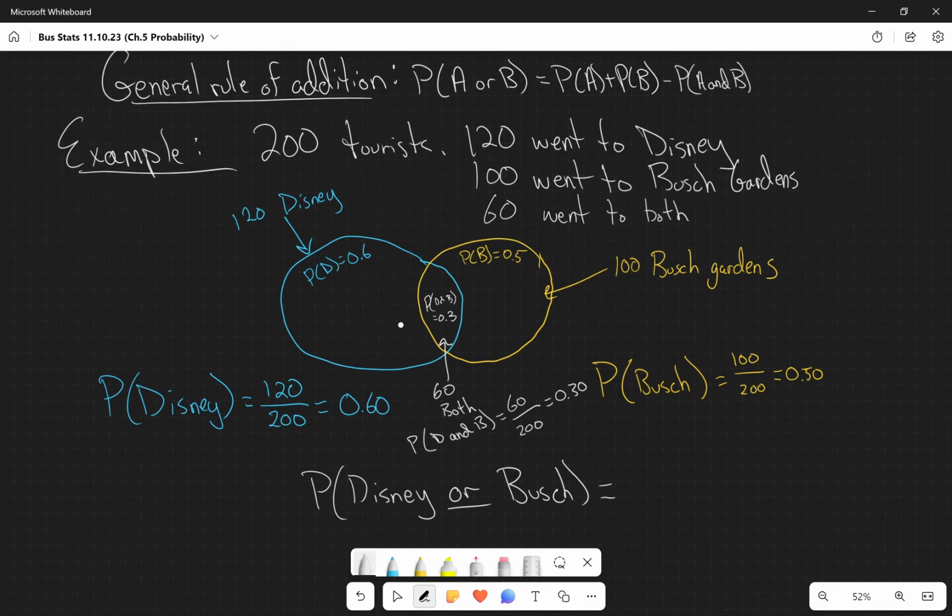The probability of A or B is equal to the probability of A plus the probability of B, or sorry, not plus, minus the probability of A and B. So we have a minus here, right? So it's the probability of A plus the probability of B minus that joint probability.